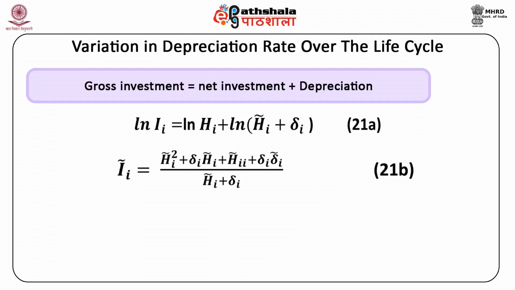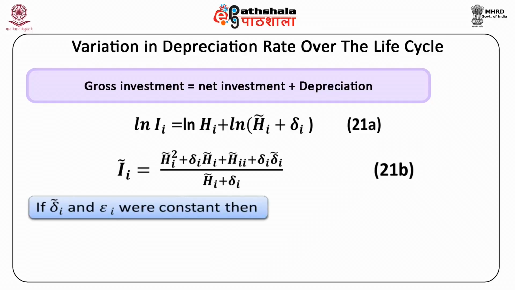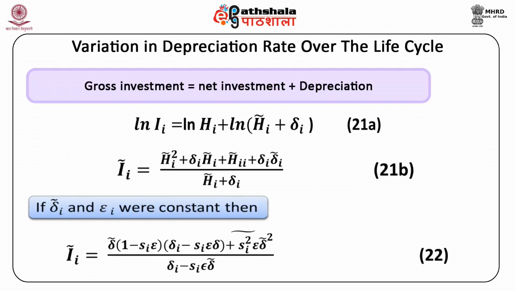Equation 21b. If delta i tilde and epsilon i were constant, then we have I tilde is equal to delta into 1 minus Si into epsilon into delta i minus Si into epsilon into delta plus Si squared tilde into epsilon into delta squared tilde upon delta i minus Si into epsilon into delta tilde, equation 22.